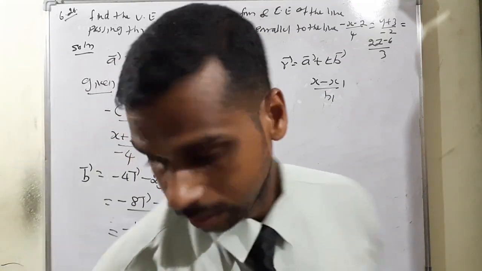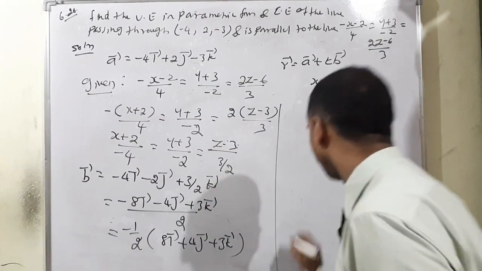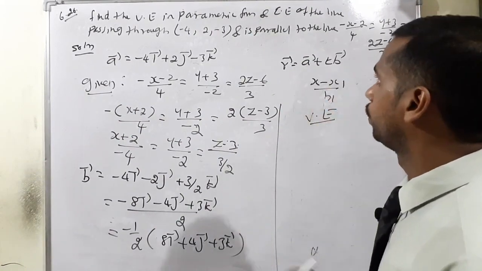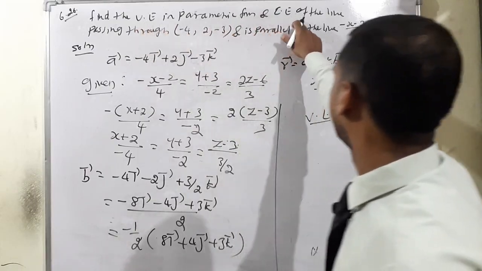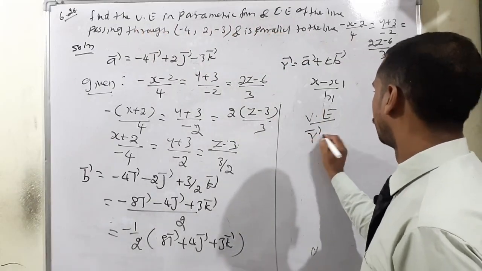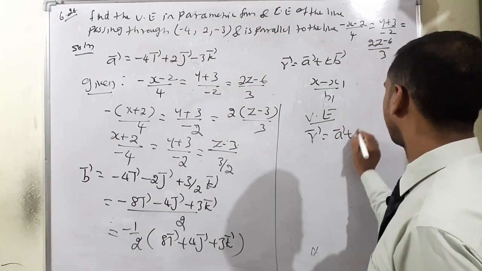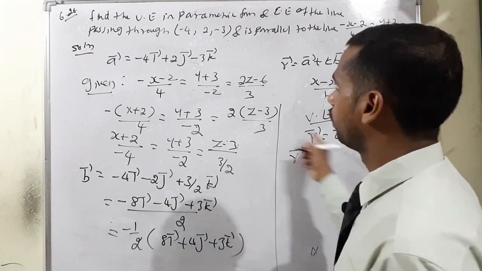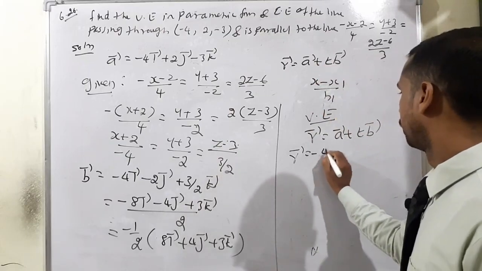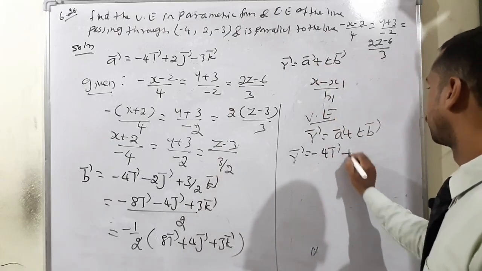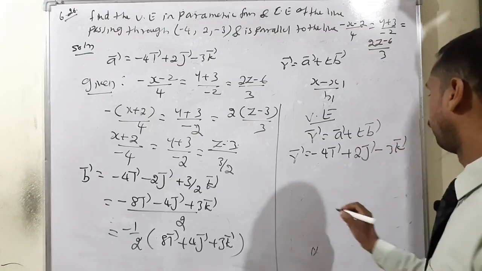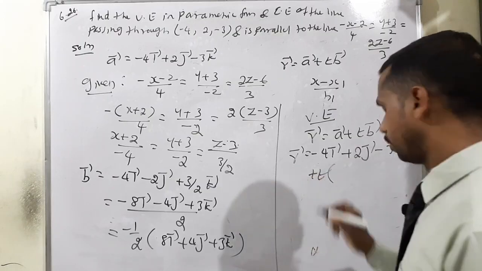Now we can write the vector equation. What is the formula? We need to find the vector equation and Cartesian equation. R vector is equal to A vector plus t B vector. Therefore, R vector is equal to A vector, which is minus 4i vector plus 2j vector minus 3k vector, then plus t into B vector.